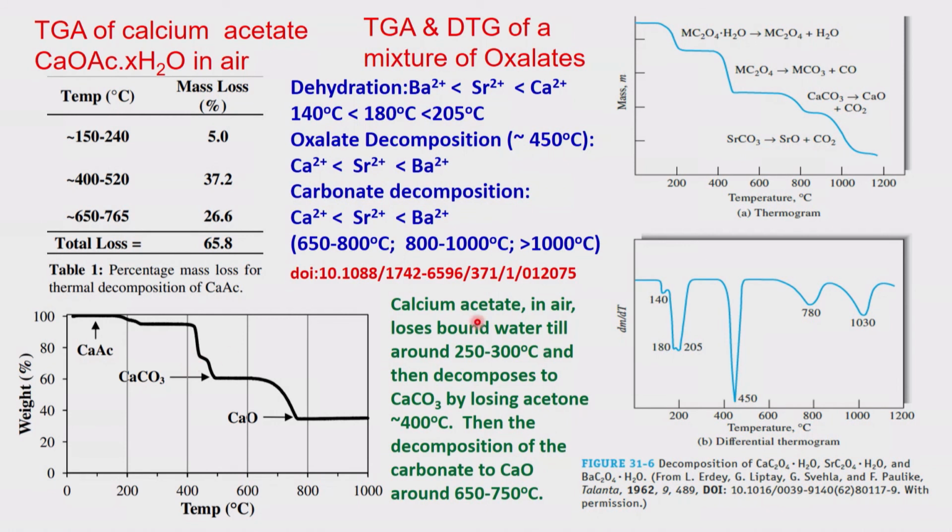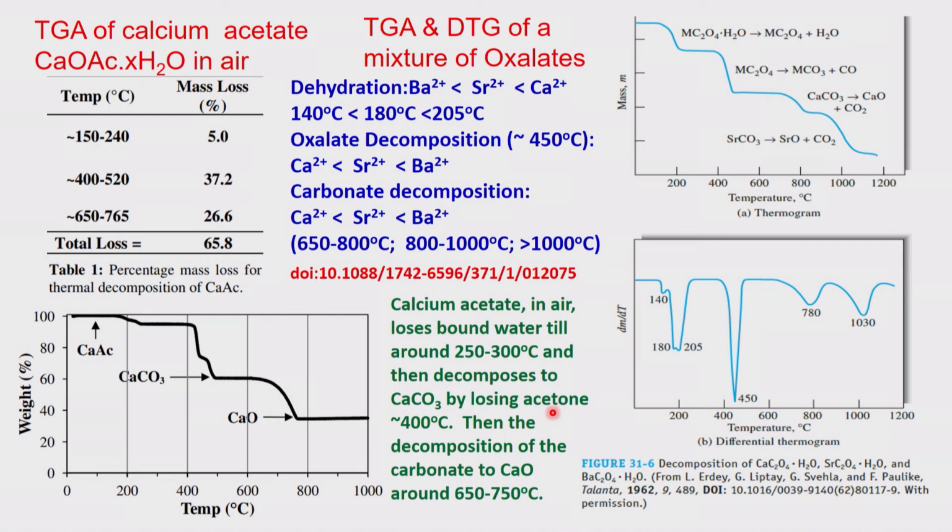Then you have calcium acetate, this is done in air, and once the water is gone, the acetate gets affected. The acetate here will give the carbonate, because oxygen is available, air means oxygen is available. So, therefore, that will give you the CO3, and then what will be the loss from the acetate? It will be acetone.